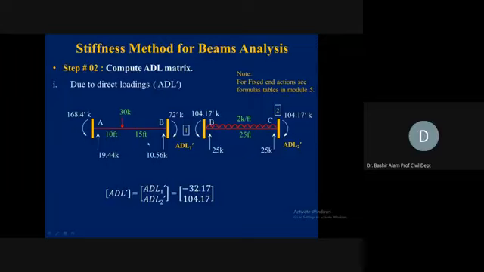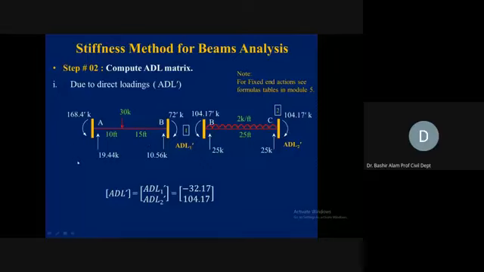So take out your calculators and start following me in these calculations. 30 times A, which is 10, times B squared, which will become 15 squared, divided by L squared. L is 10 plus 15, 25. So 25 squared.